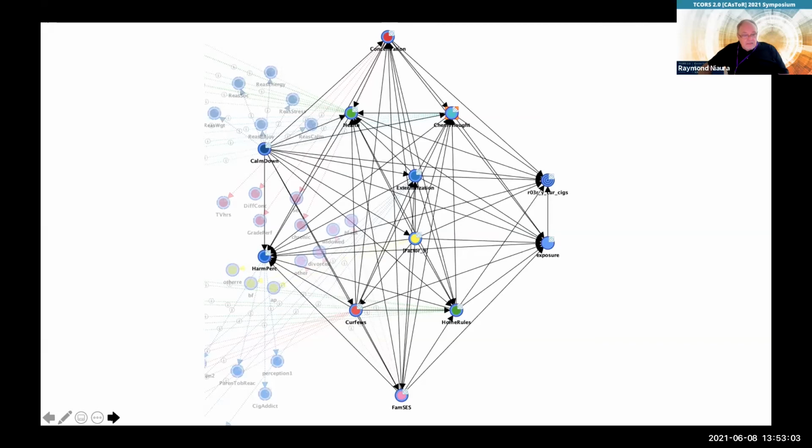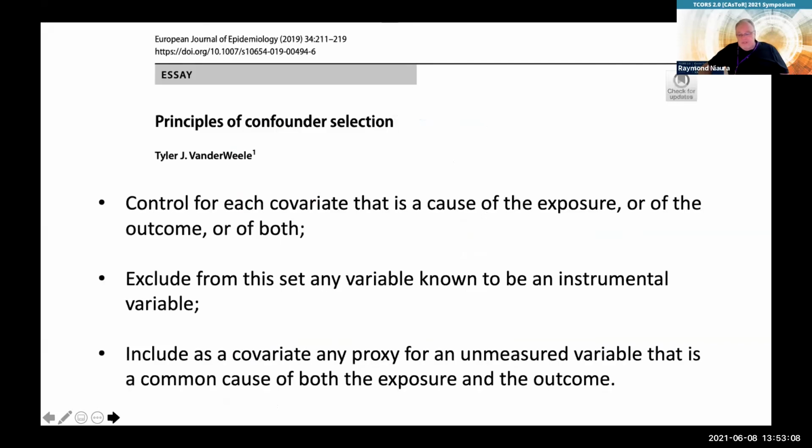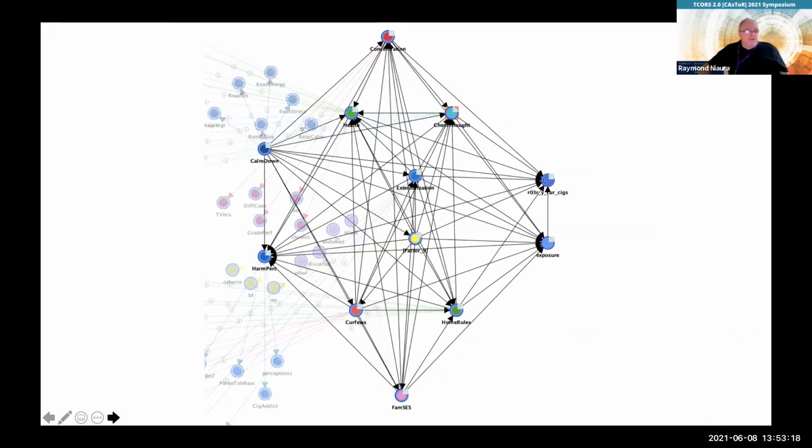Well, yes. If we look at the definition of confounding, the first one says control for each covariate that is a cause of the exposure or of the outcome or both. And you'll see here that most of the factors fulfill those criteria for confounding.